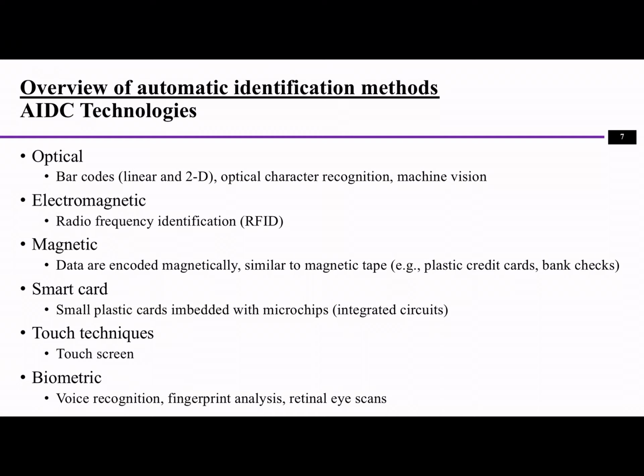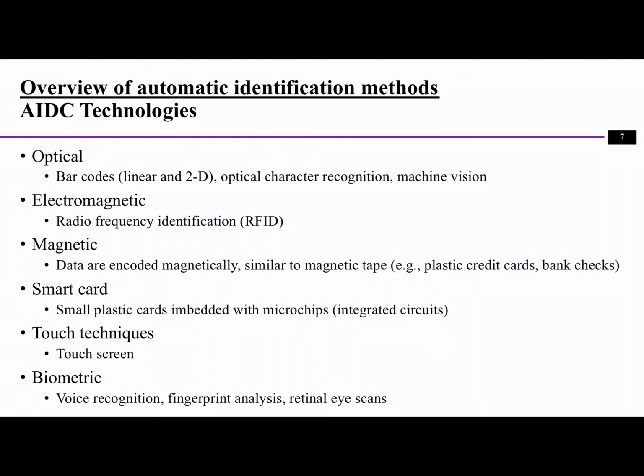Another one would be magnetic stripes or tapes. Think about when you are using your credit card. We also have the little chips, so you can slide and pay. And there are also smart cards, plastic cards that have microchips in them.